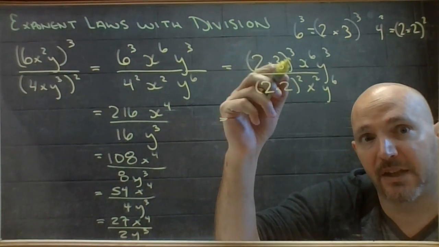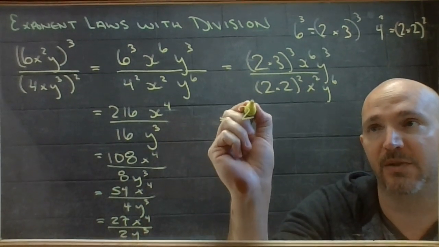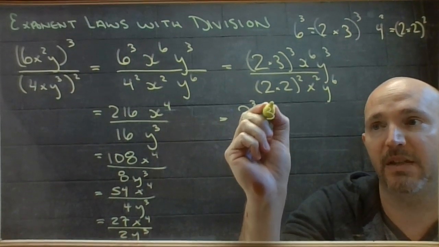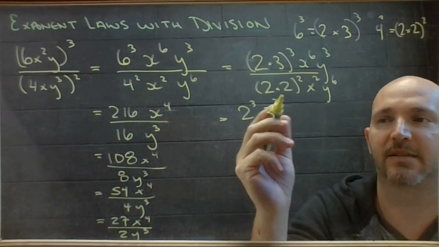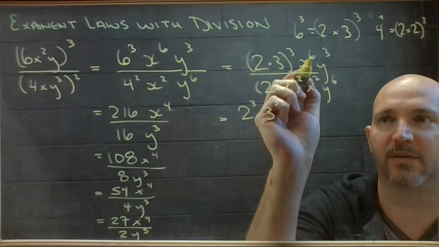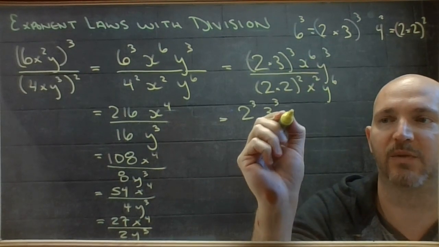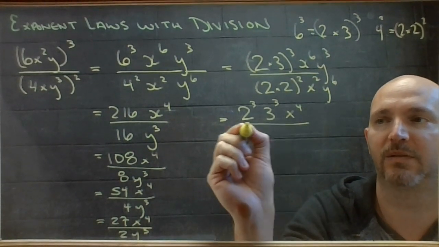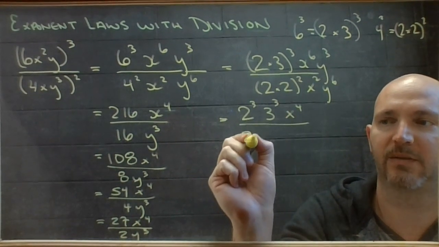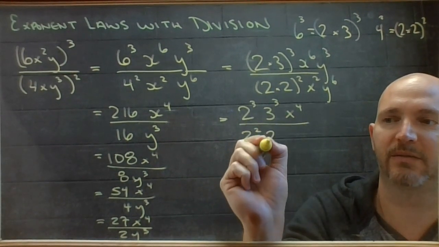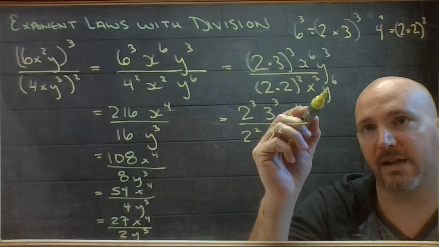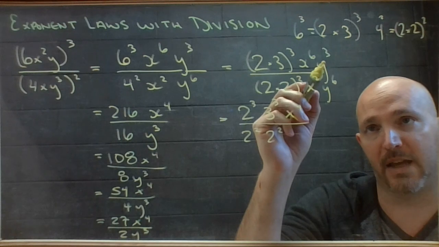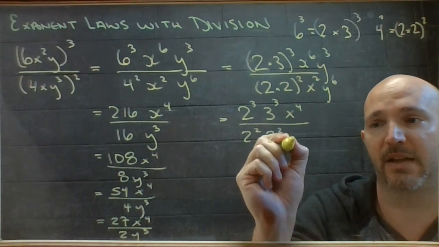If I apply that cube to this bracket here, I ended up with a 2 cubed, a 3 cubed, and an x to the 6 eliminates an x to the square. So 6 minus 2 of them would be 4 of them. 2 squared, 2 squared. A y6 in the bottom cancels out 3 of them in the top, leaving y cubed.